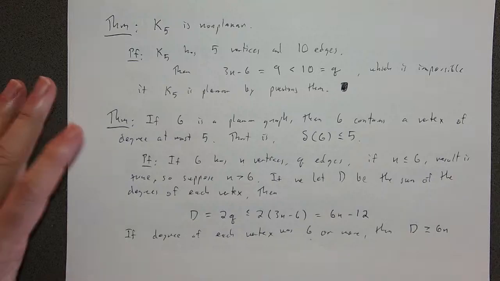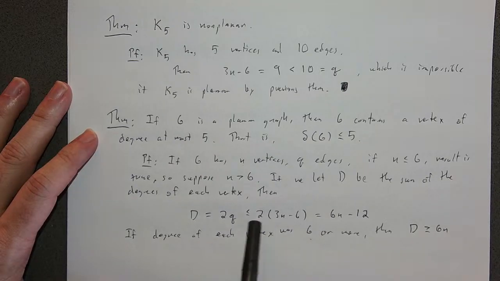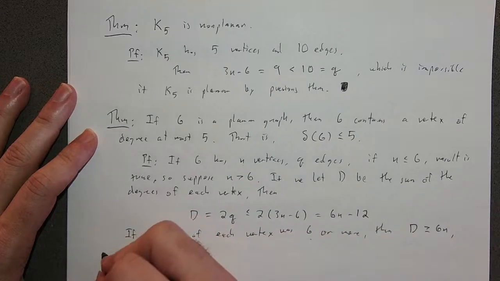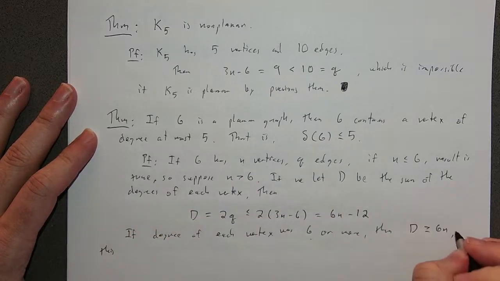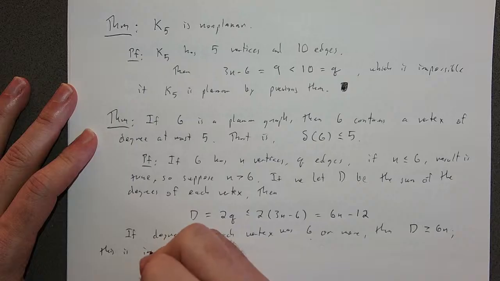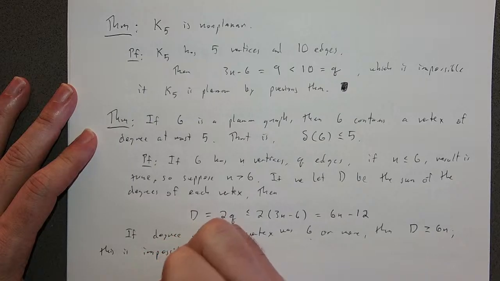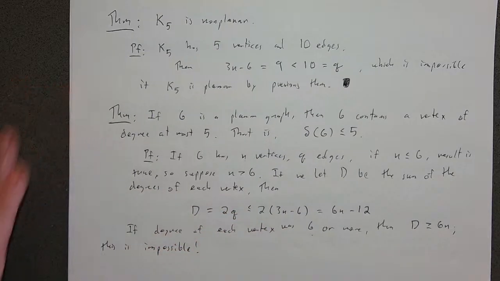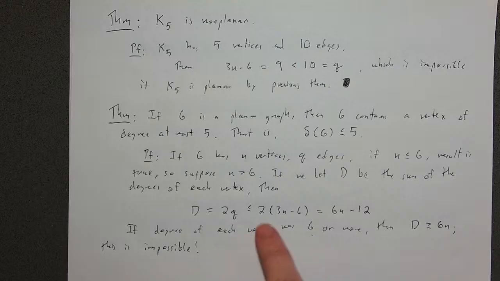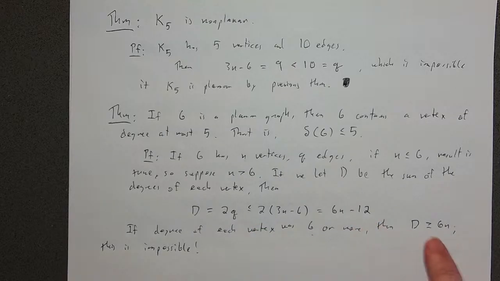But D is less than or equal to 6n minus 12. So this is impossible, because it cannot be less than or equal to 6n minus 12, simultaneously greater than or equal to 6n.